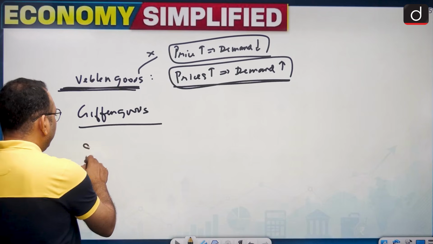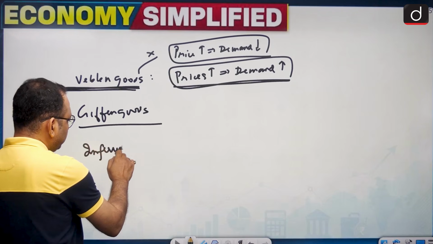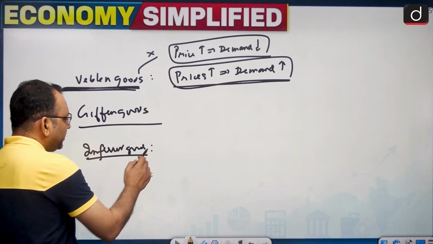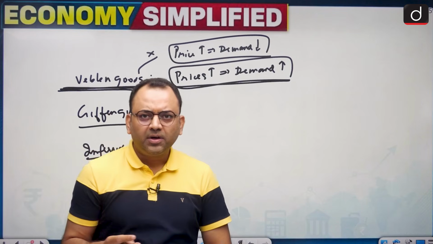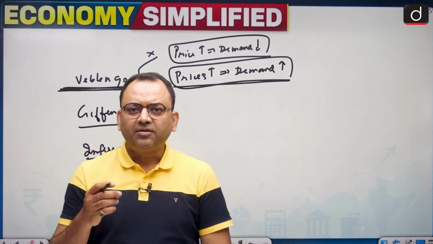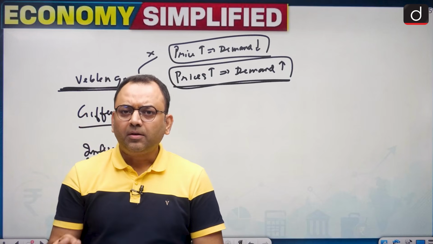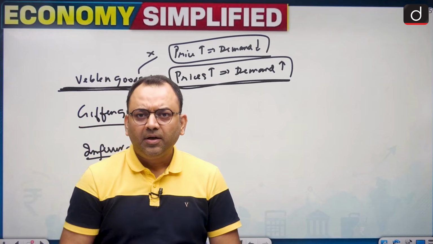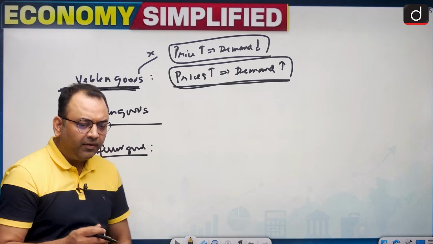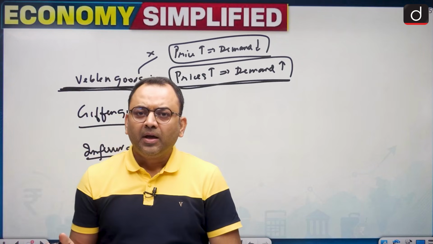Now you see one more thing. We have a concept called inferior goods. Inferior goods are the goods which derive a low satisfaction. But since we may not afford good items, we continue consumption of the inferior goods, and whenever we have higher incomes, we shift to the other.